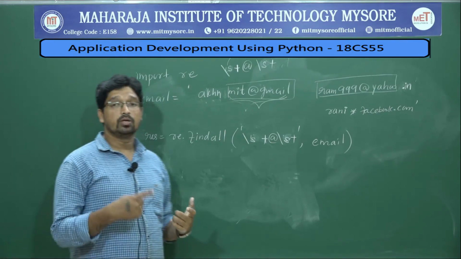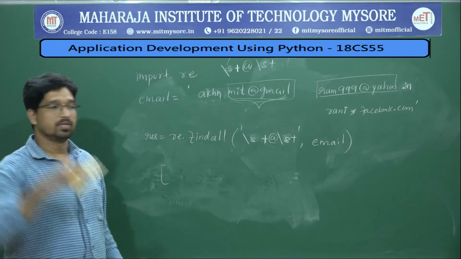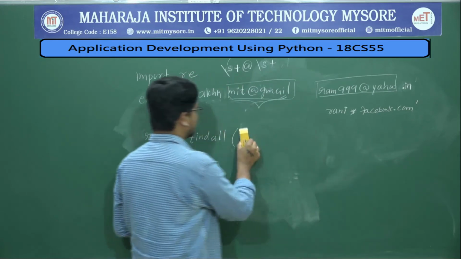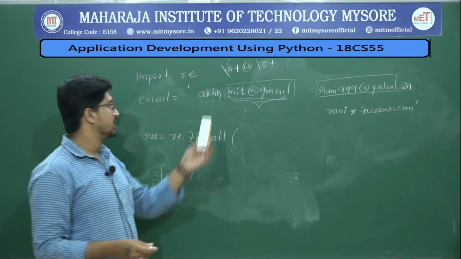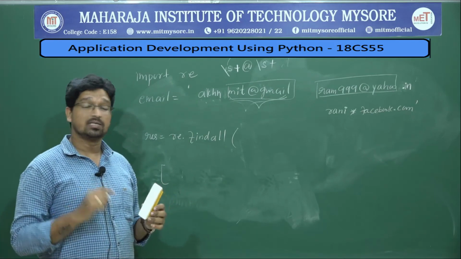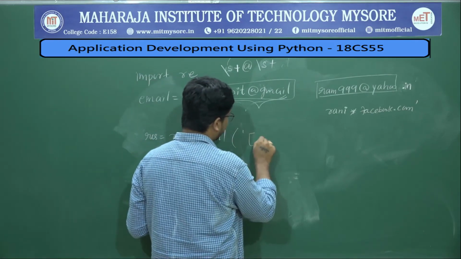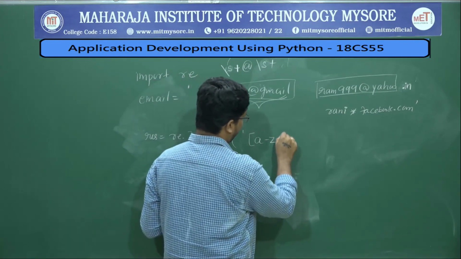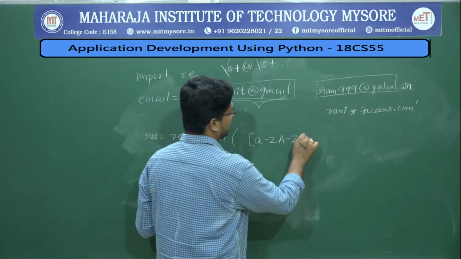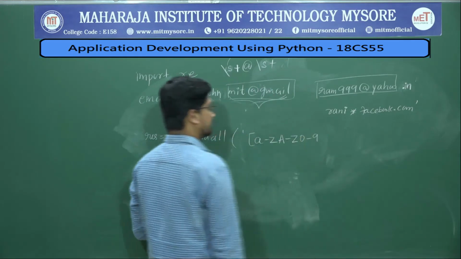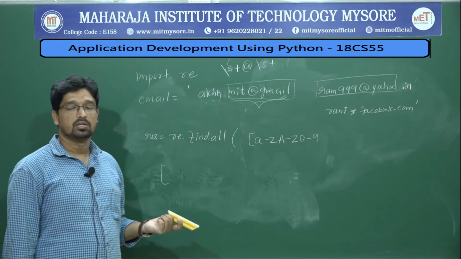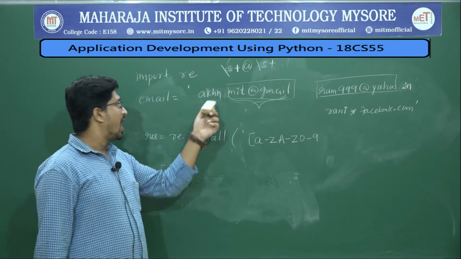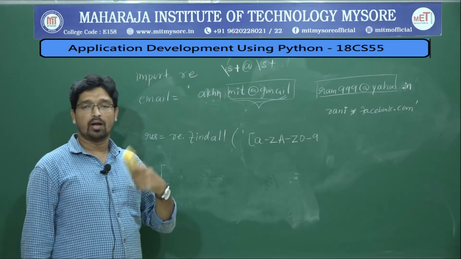Okay, now what is the solution? You need to improve your regular expression. Let us rewrite it. What are the possible things on the left side of the @ symbol? There can be a to z, capital A to Z, and 0 to 9 also. Can your email ID contain any special character, let us say Anand *MIT, Anand $MIT, or Anand -MIT?